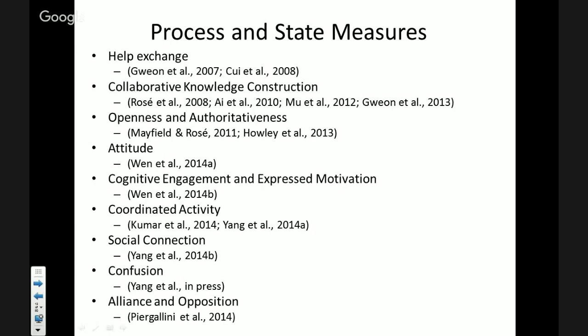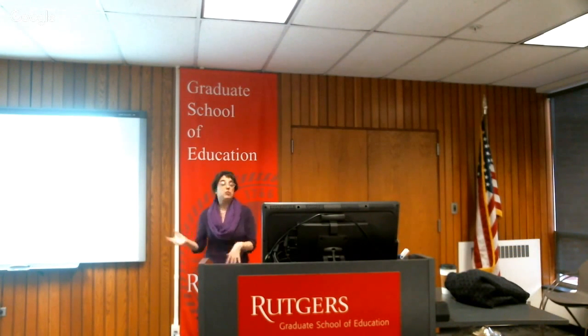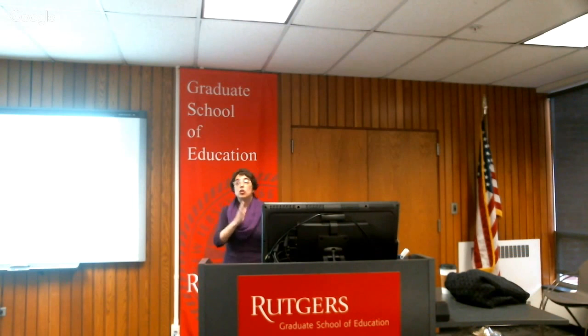We've also looked at how these process and state measures connect with outcomes that we care about. And now we're trying to look more for generalizable things, or how these connections change across context, and how they are sensitive to variables that we might not see in the conversation itself.